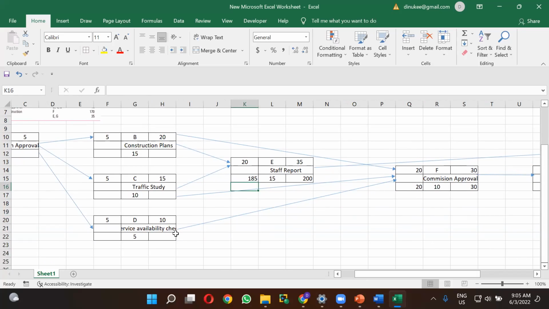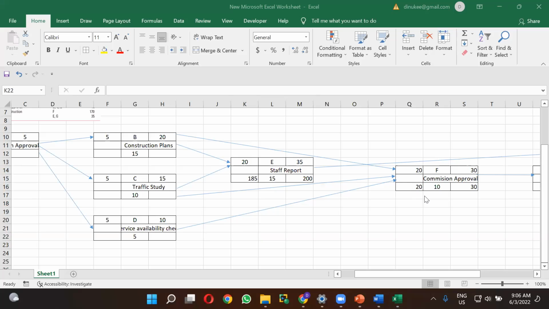For the D activity also, how many arrows are coming? Based on the arrows that are coming and going, you have to determine those things, right? There is only one arrow coming.